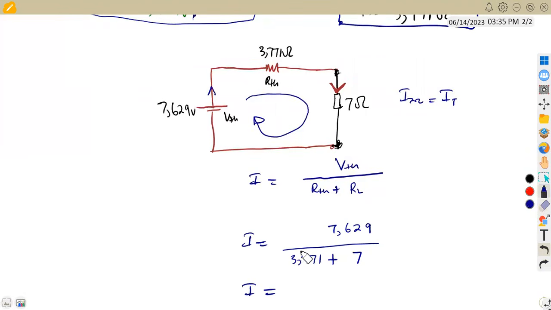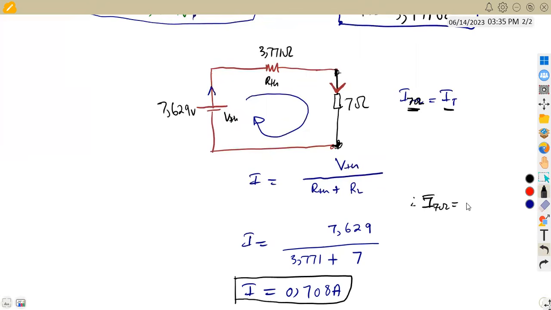All right, so that is going to be something like 0,708 amps to 3 decimal places. So therefore, we have calculated the current in the 7 ohm resistor, because the current in the 7 ohm resistor is the same as the total current. So the current in the 7 ohm resistor is going to be 0,708 amps. That is what we had in this case.